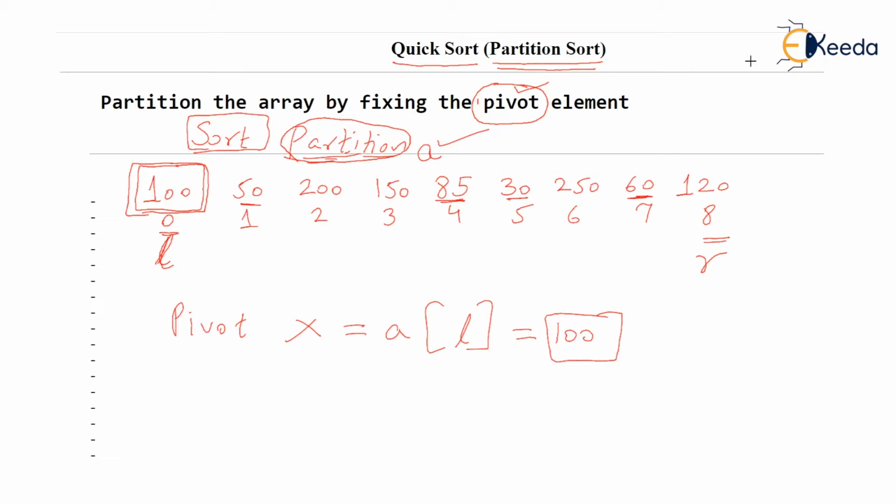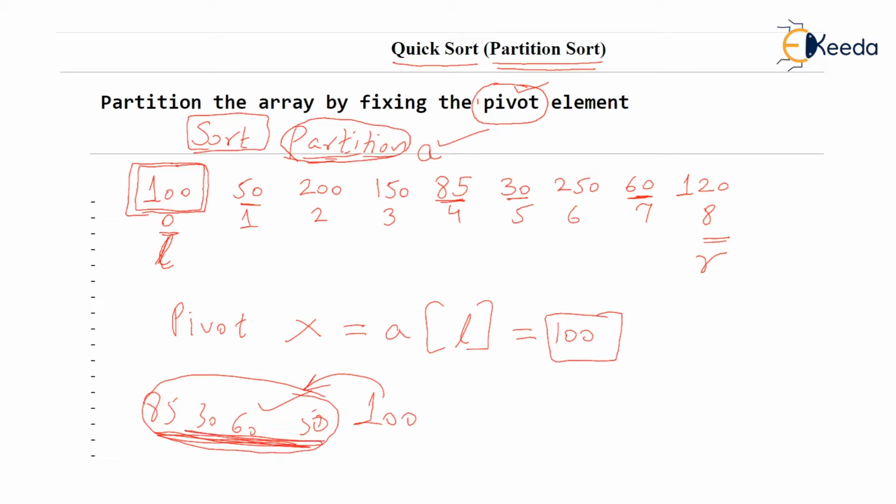I mean 100 should be positioned in such a way that 85, 30, 60 and 50, I'm not talking about their relative positions, but somehow these four values must be to the left of 100. Only then will we get a sorted array, and then we can reposition these elements again to get them sorted. But the first challenge is to position 100 so that these four values will be somehow to the left of 100.